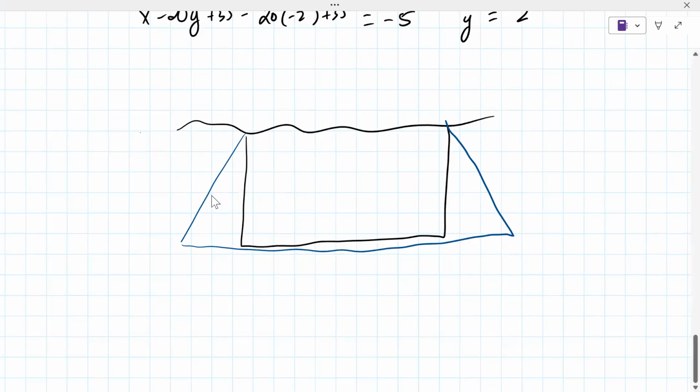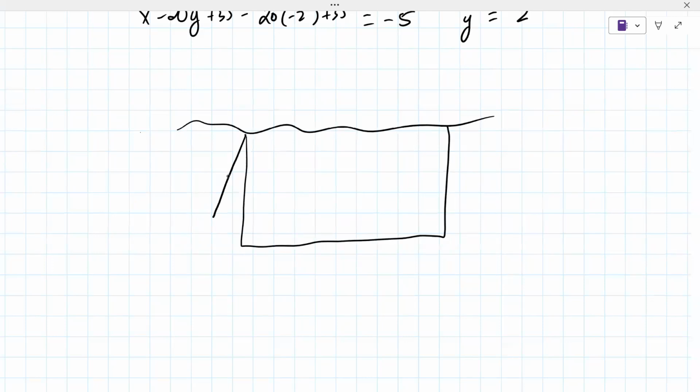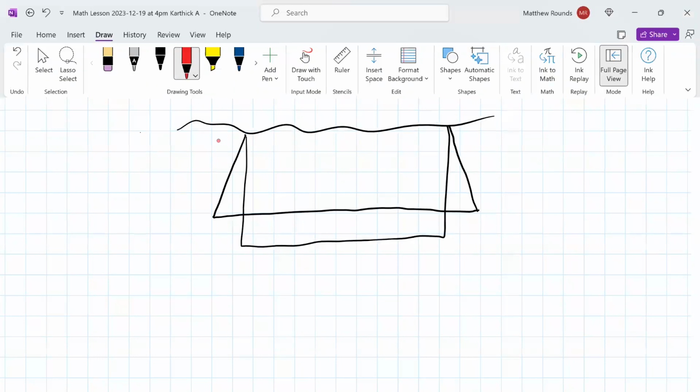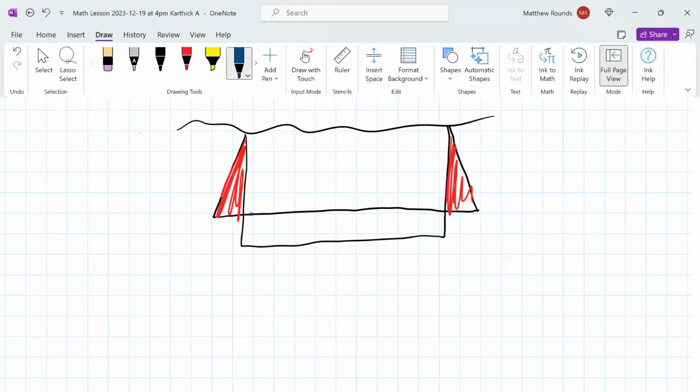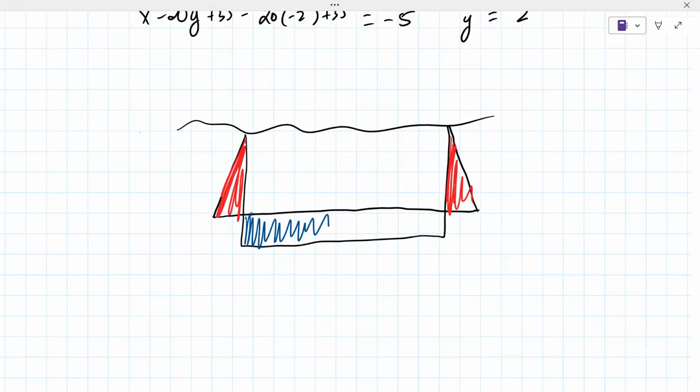So in reality it wouldn't look like this. If you're constrained to the same amount of fencing, you would come out, but you couldn't go as far. And so the question is how these two areas compare to the blue areas.